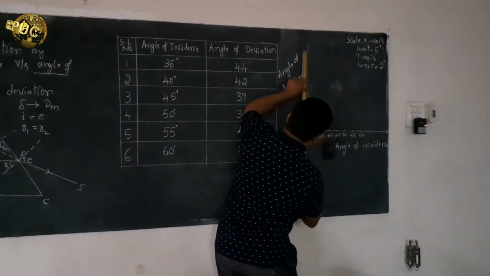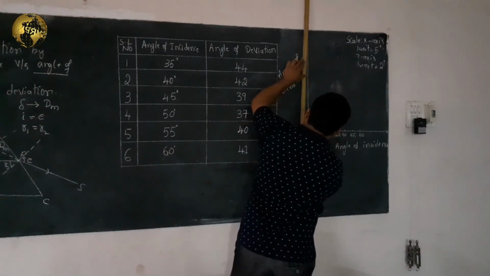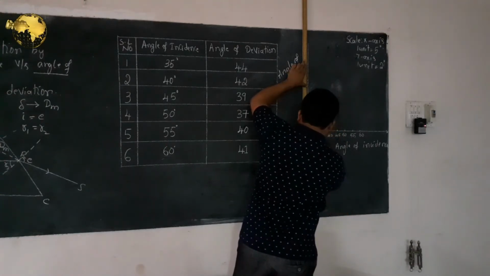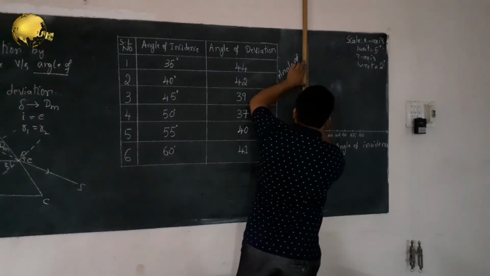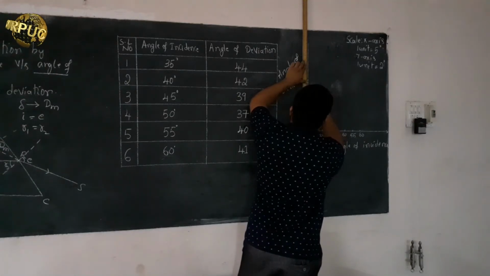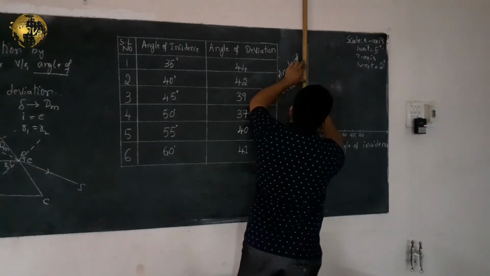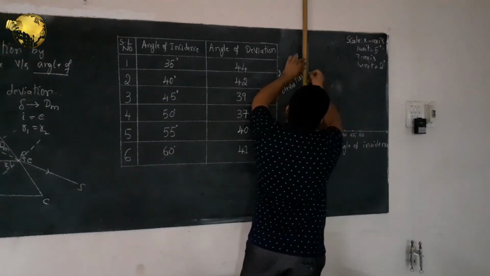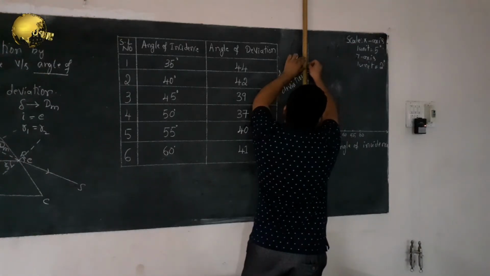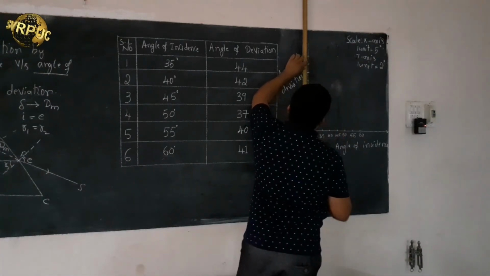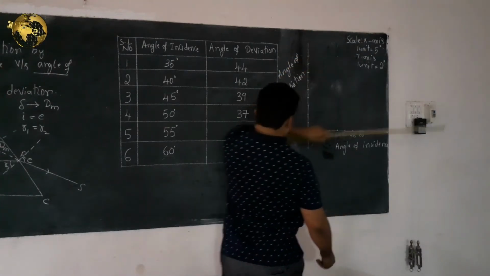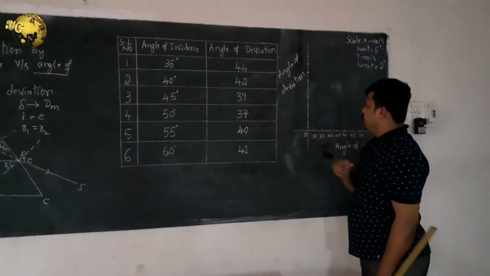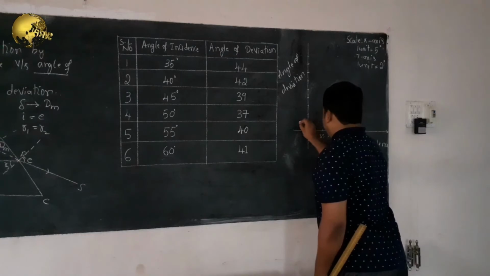In the same way, on the y-axis, starting from 37 is there, so let it be 36.